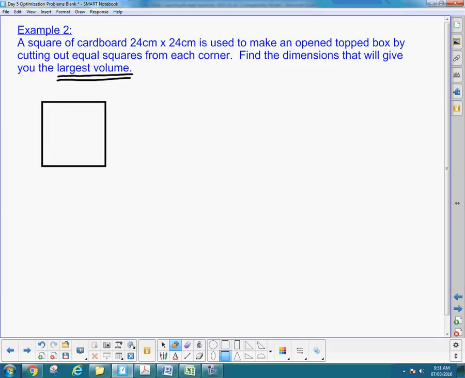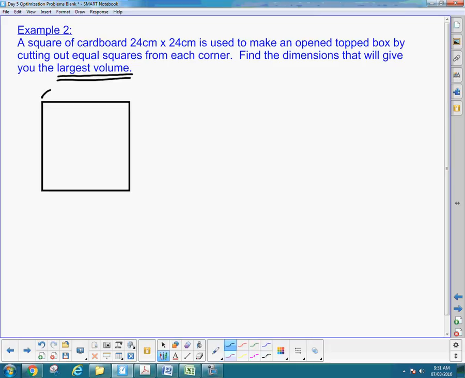So it says a square piece of cardboard, and the dimensions are 24 by 24, so they're all 24 centimeters, right?